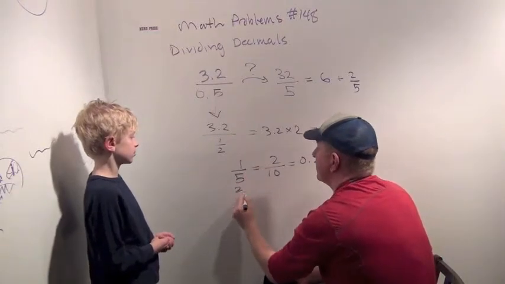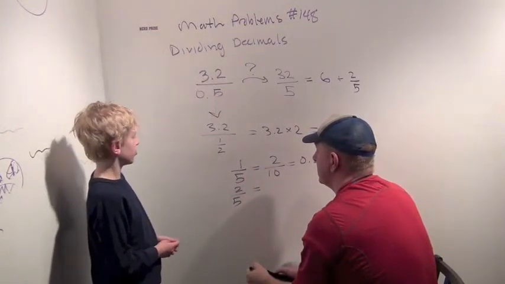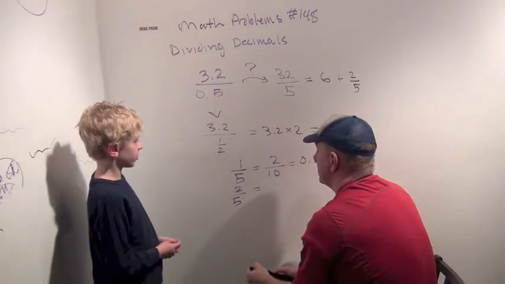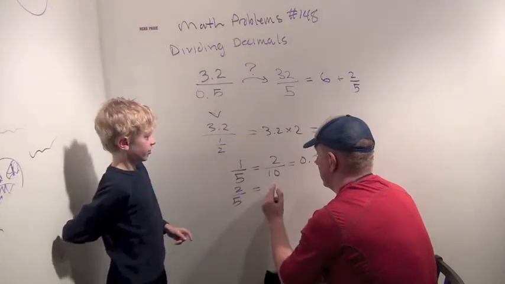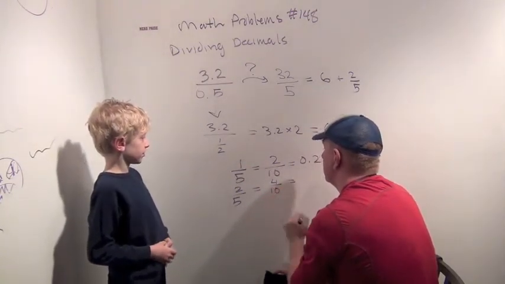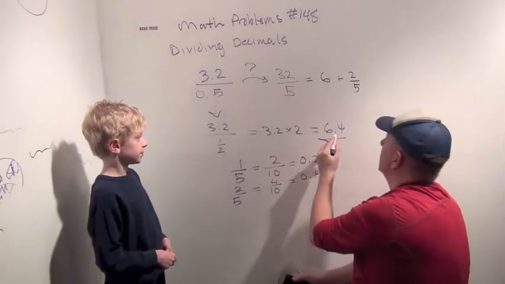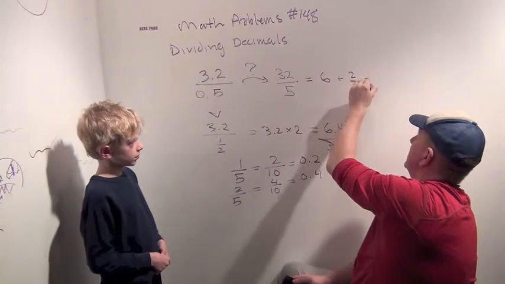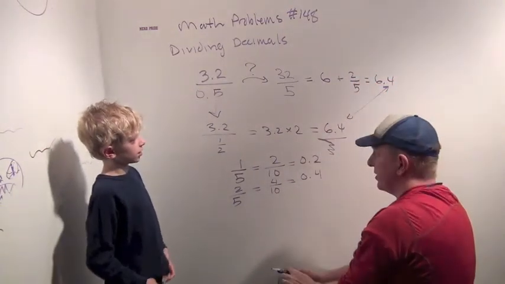So I wonder what 2 fifths equals. It's twice this. So how many tenths? 4 tenths, or 0.4. So 6 plus 2 fifths is 6.4, which is equal to that.